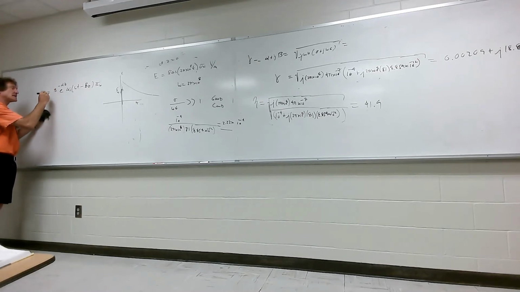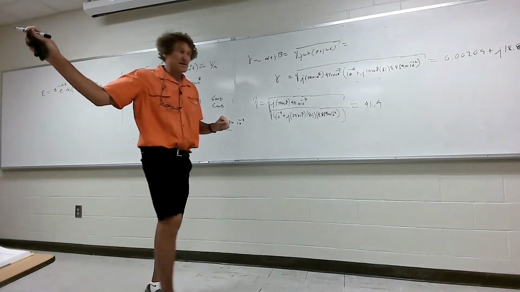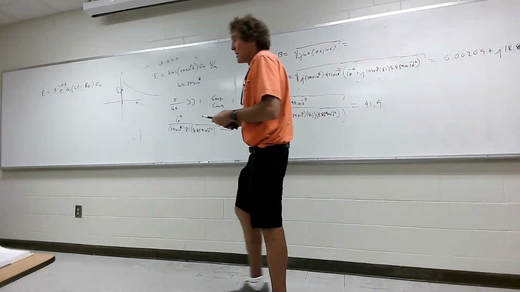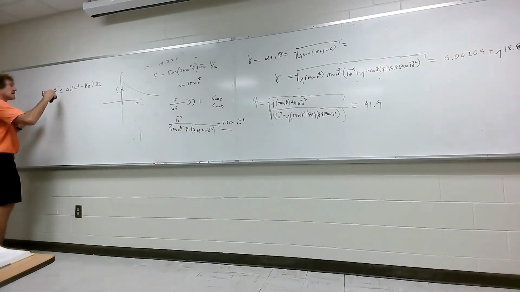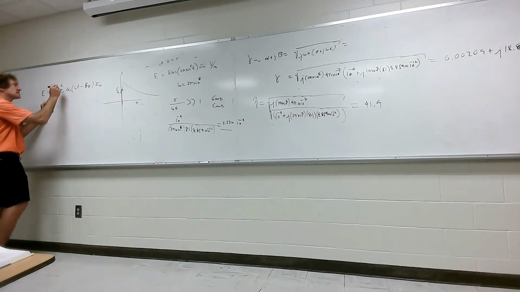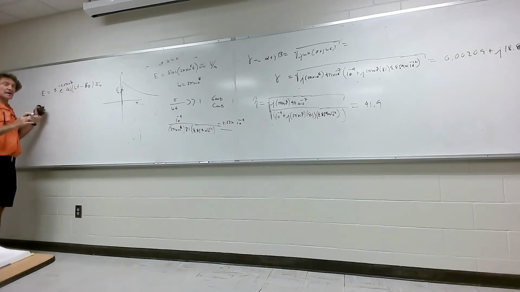Now, the next thing I need to do is put in alpha that I calculated, somebody calculated. It's 0.0209, right? So I'll just put in alpha there, and it's really going to be, call it 2.09 times 10 to the minus third z, okay? Now, omega we got, y'all follow me on that?